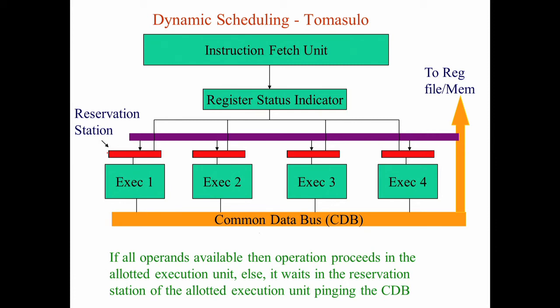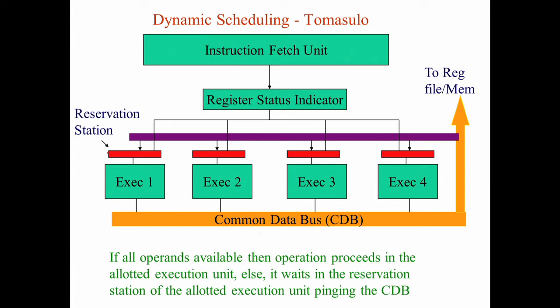Let me read this green statement. If all operands are available, then the operation proceeds in the allocated execution unit. For add, I go and allocate it to execution unit 1 and say go and use that unit to do that addition. So I start doing that addition provided all the operands are available.